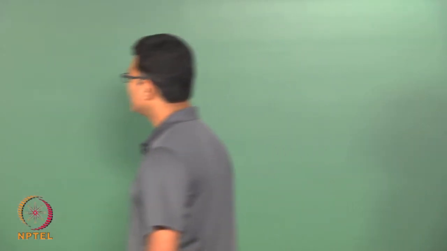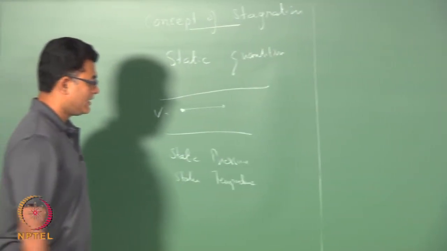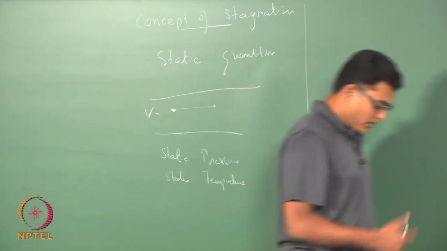So, we need a reference quantity, which we now call stagnation. So, what do I mean by stagnation quantity?